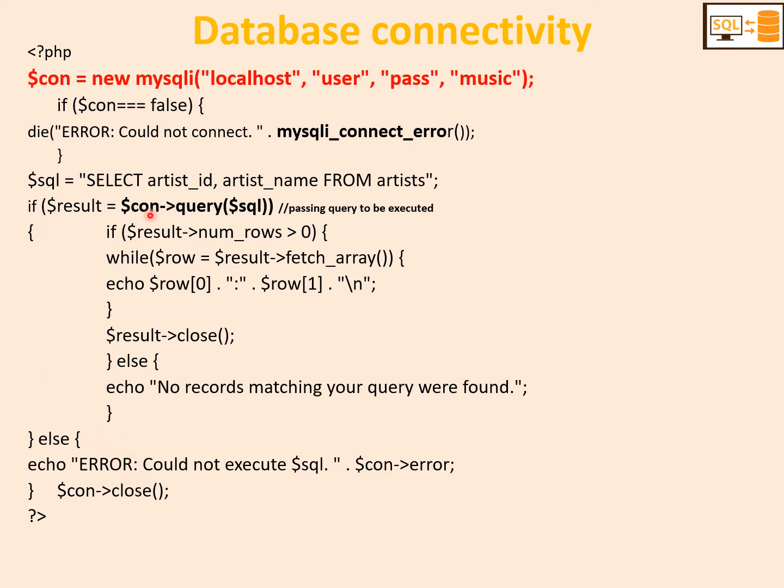If we are not able to execute the query function, an error message should be generated in the else part of that if, and after that the connection should be closed. So this is a simple example of database connectivity, and using this connectivity, we extract some data from the database. Okay.